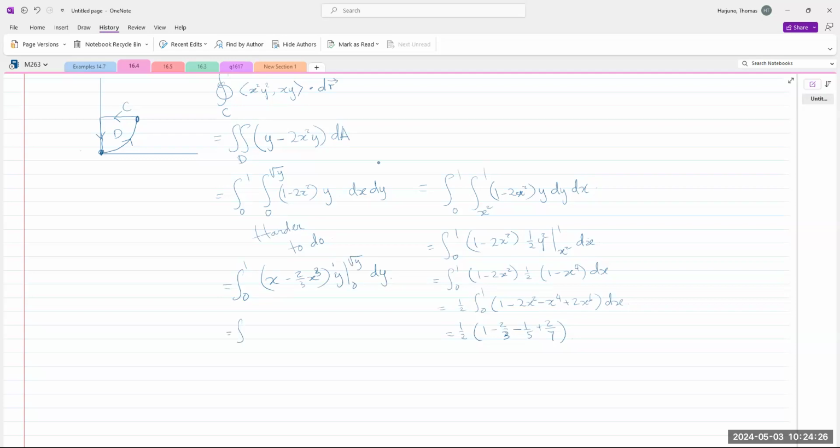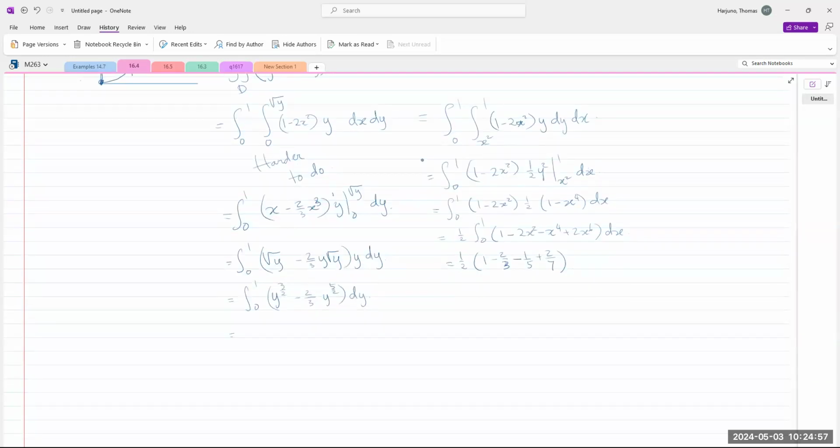So that will be the integral from 0 to 1 of square root of y minus 2/3 y square root of y times y dy. So y to the 3/2 minus 2/3 y to the 5/2 dy.